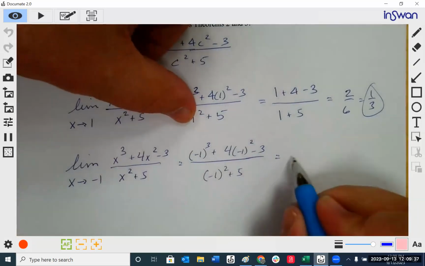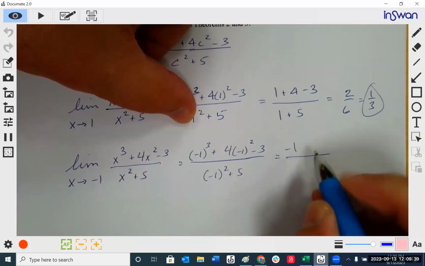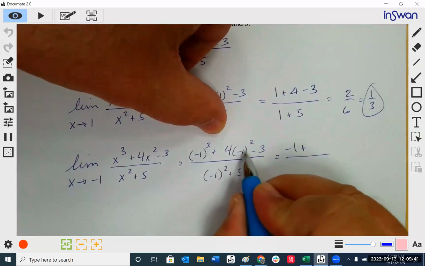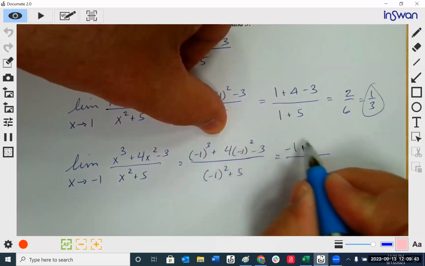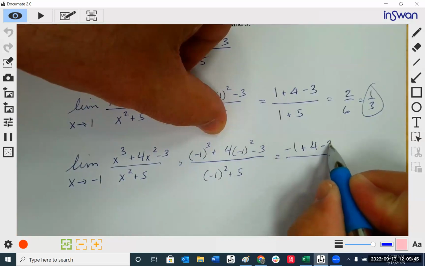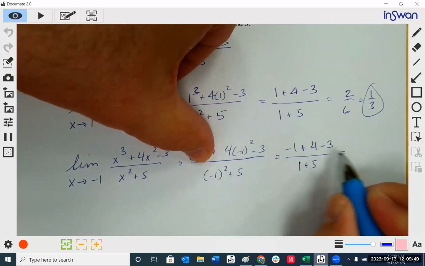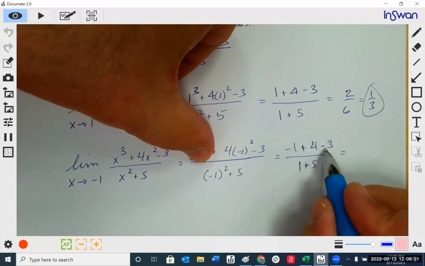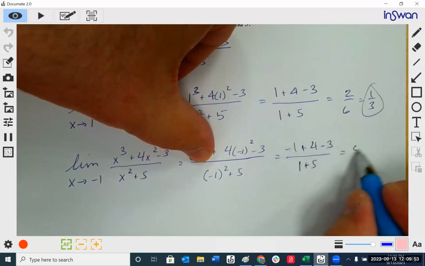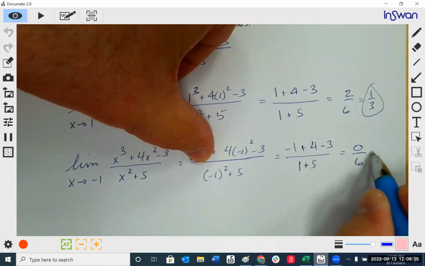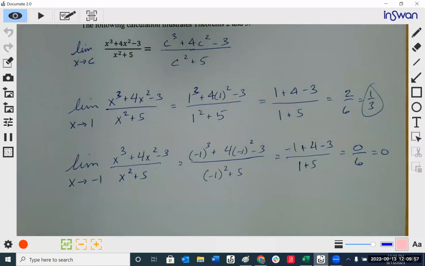So -1 cubed becomes -1. -1 squared is 1 times 4, so plus 4. -1 squared is 1. -1 minus 3 is -4. So the limit is 0.